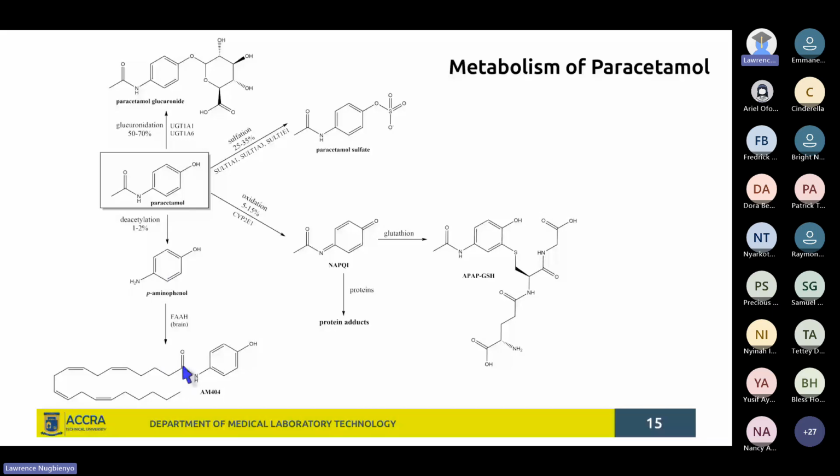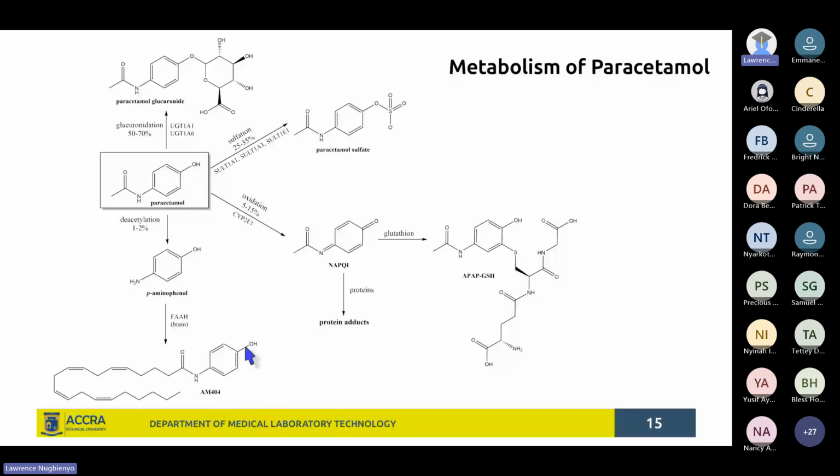That's a fatty acid with, I think, 20 carbons. And it is this arachidonyl aminophenol that is active. It is what is usually named AM404.